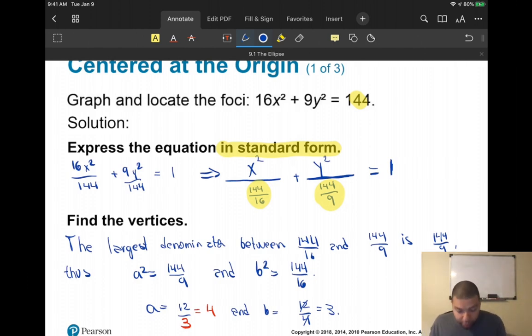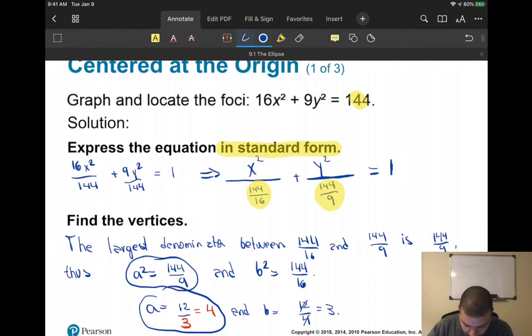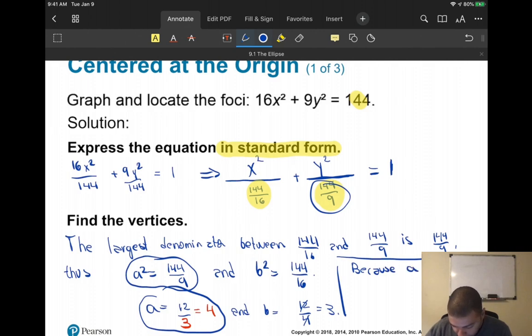Okay, so because the largest number, A, is under Y, the major axis is vertical.